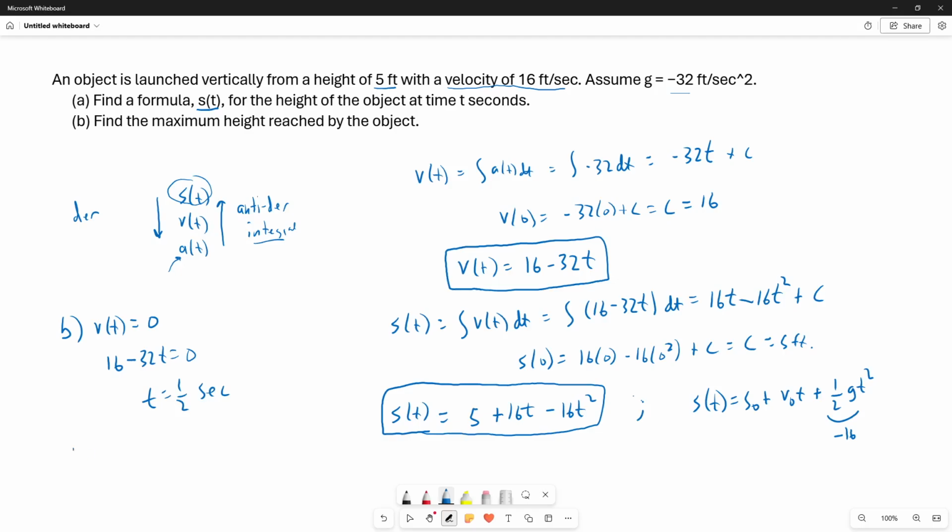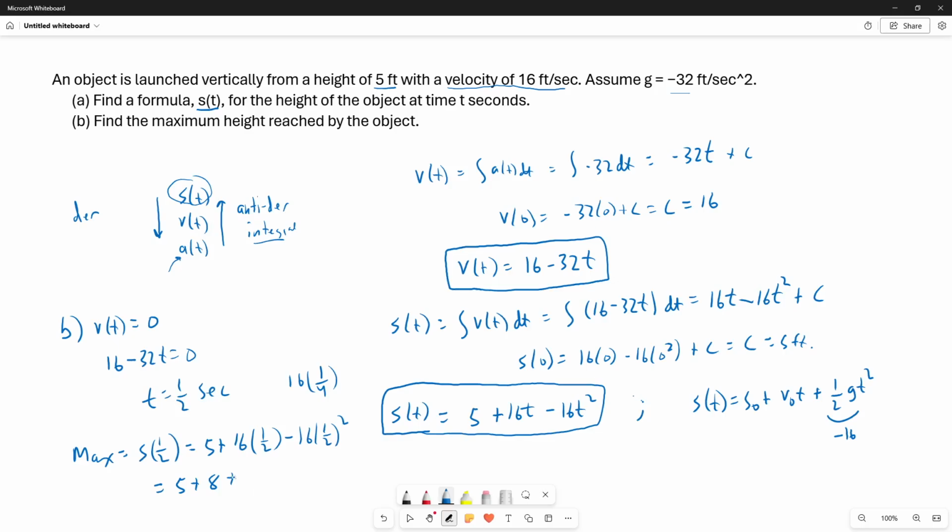And then the maximum height is s of half a second, which is 5 plus 16 times a half minus 16 times a half squared. Half times 16 is 8. Half squared is a quarter, and 16 times a quarter is 4.